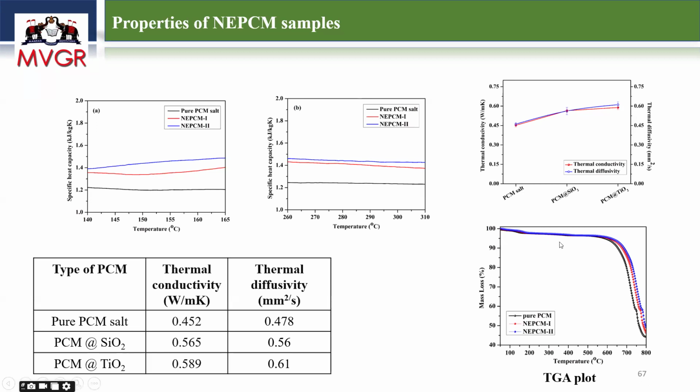And coming to thermal stability, I want to check it. Thermal stability is also a very important phenomenon. Whenever you are heating the phase change material up to a certain temperature, once it reaches the melting point temperature, it changes from solid state, and once it crosses that melting point temperature, it is in the liquid state only. If you keep on heating the material at a certain temperature, what will happen? Your chemical structure will be destroyed. It will completely convert into vapor, and that vapor cannot be retrieved back.